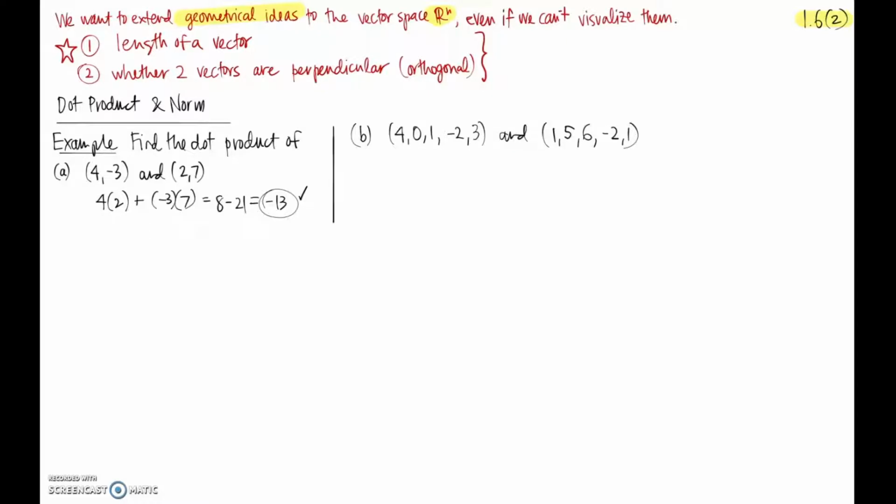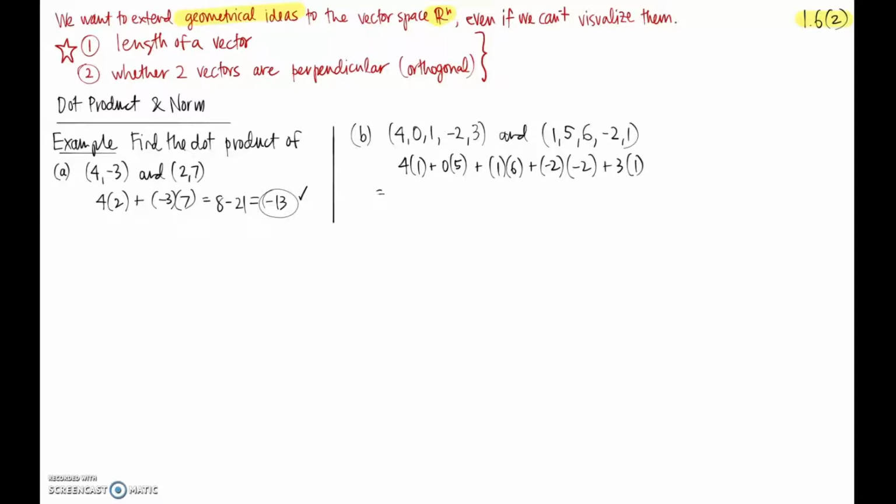You've probably already figured it out. The dot product of these two vectors is 4 times 1 plus 0 times 5 plus 1 times 6 plus negative 2 times negative 2 plus 3 times 1.